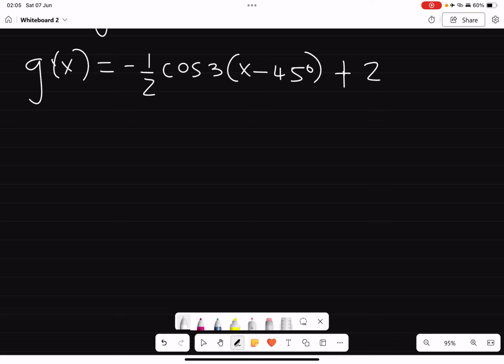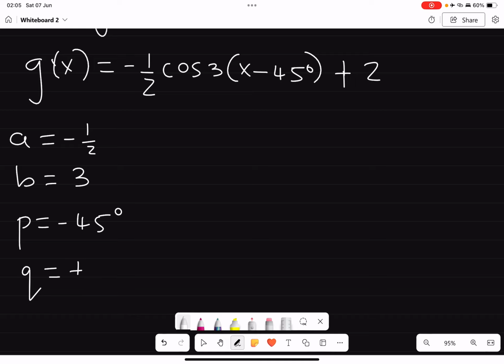And the first thing I need us to always get used to is to list our parameters. We can see that A is -half, B is 3, and then P is minus 45 degrees, and then Q is positive 2. And each and every parameter tells a story.